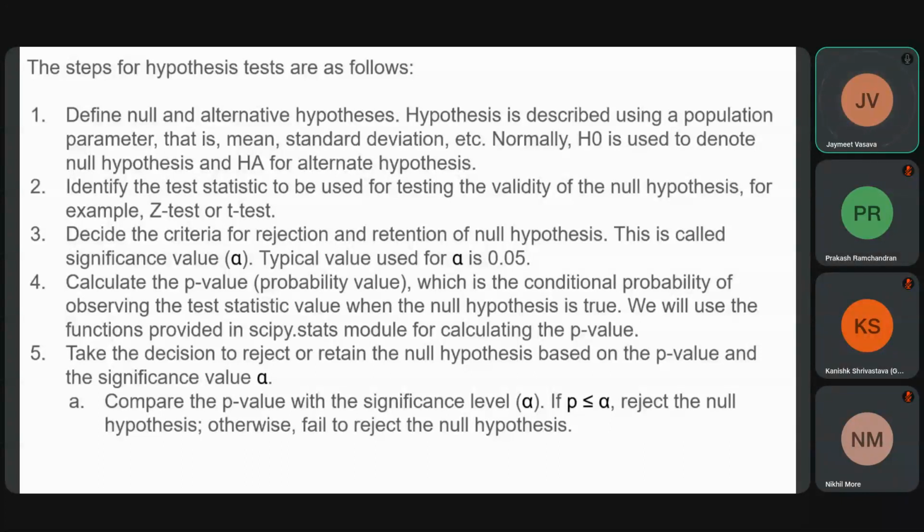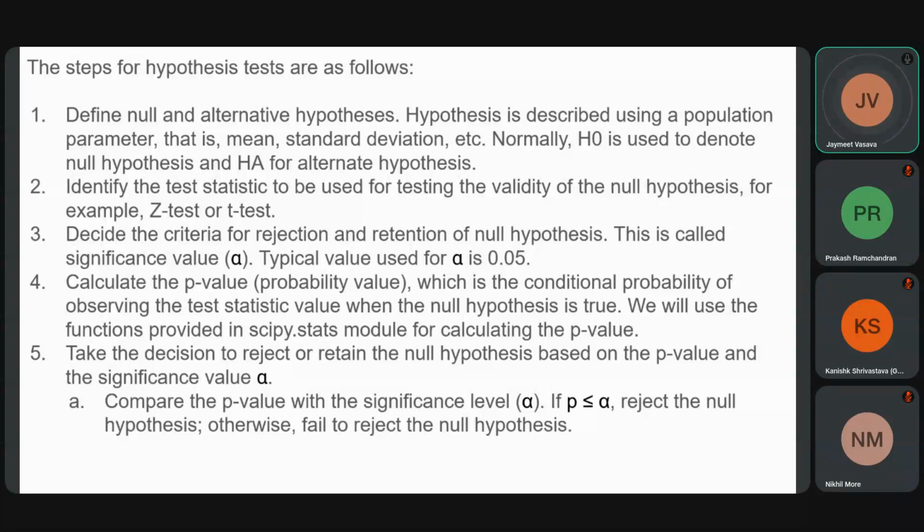Typically, we take alpha as 0.05, but we can also take alpha's value much smaller for much more critical experiments and insights, like medical ones, because we are directly treating a human and a human life depends on it. So in those kinds of situations, alpha will have a value much smaller than 0.05.